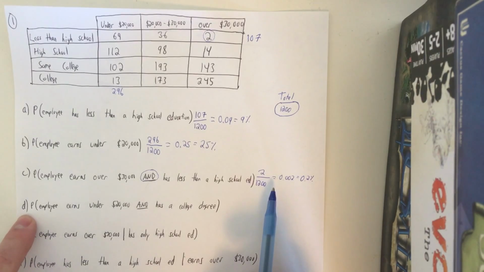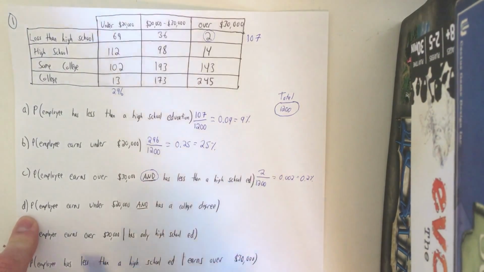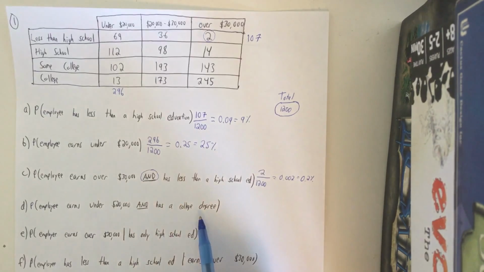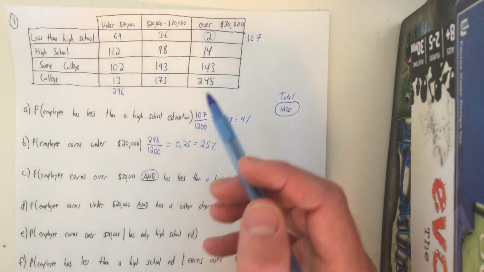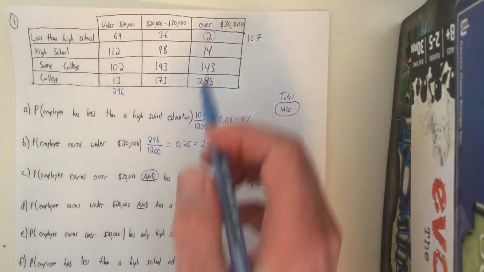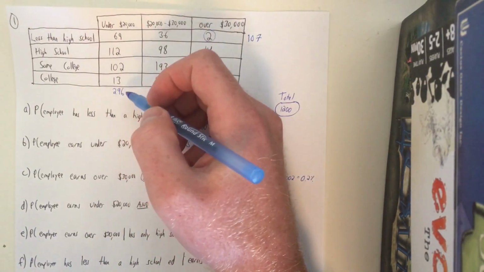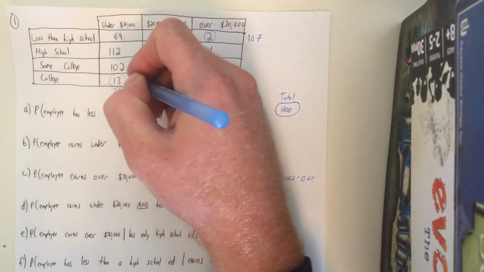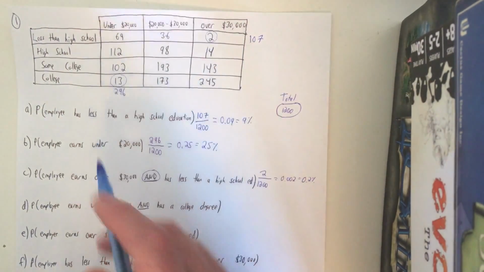Part D is asking us a similar question, the probability that an employee earns under $20,000 and has a college degree. I encourage you guys to pause the video for a second to figure it out on your own, but I will say it right now. Under $20,000 is this column and has a college degree. I'll circle it. They intersect right here at 13.